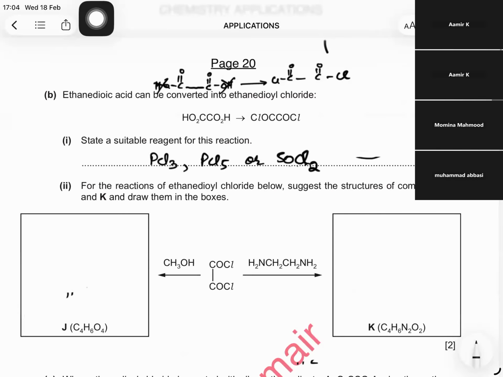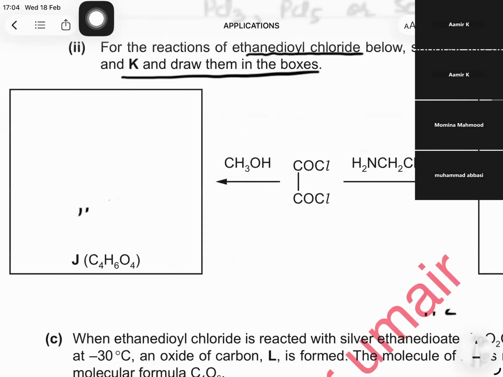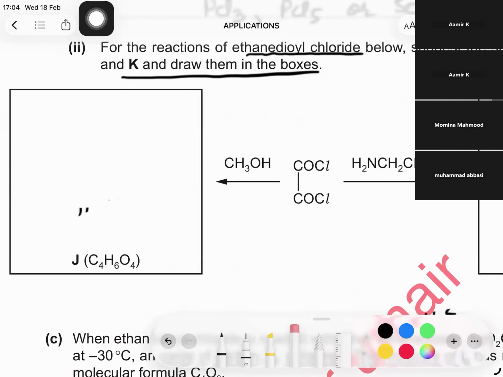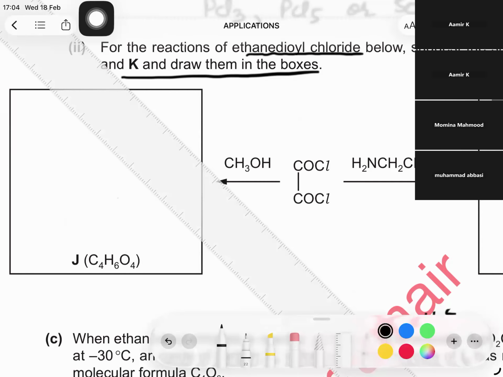For the reaction of ethanedioyl chloride below, suggest the structure of compounds J and K and draw them in the boxes. Now that's clear, bacho. Please pay attention. Now this is a diacyl chloride, and you see it's reacting with CH3OH.